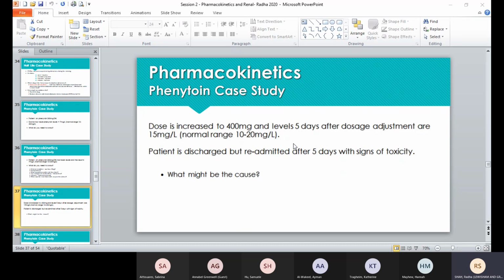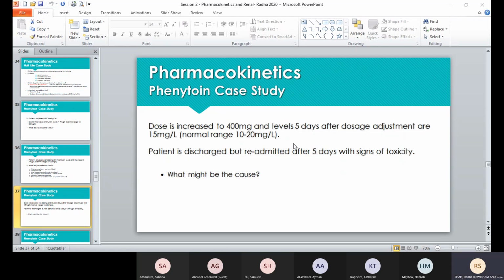Signs, symptoms. Okay, so some of the signs of phenytoin toxicity include slurred speech, nystagmus, diplopia, and ataxia.